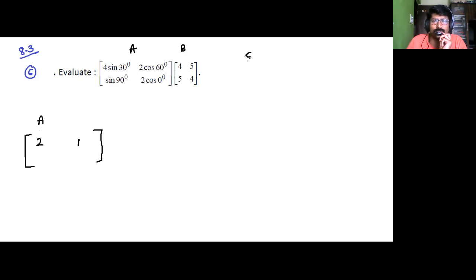Now, student, you will have to write down these values, okay? Sine 30 is half, or else you will lose your marks. Cos 60. I am just skipping these steps because I wanted to do this quickly. But as a student, when you are doing this question in the question paper or answer booklet, please write down these values, not necessarily the table, but whatever values are in the sum.